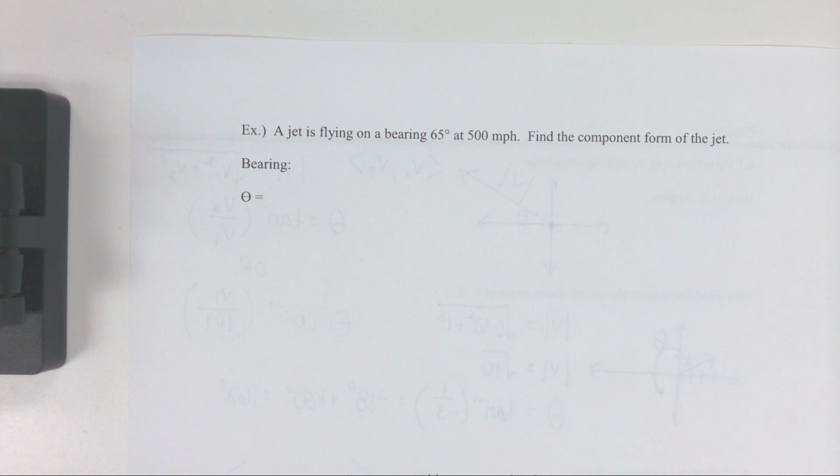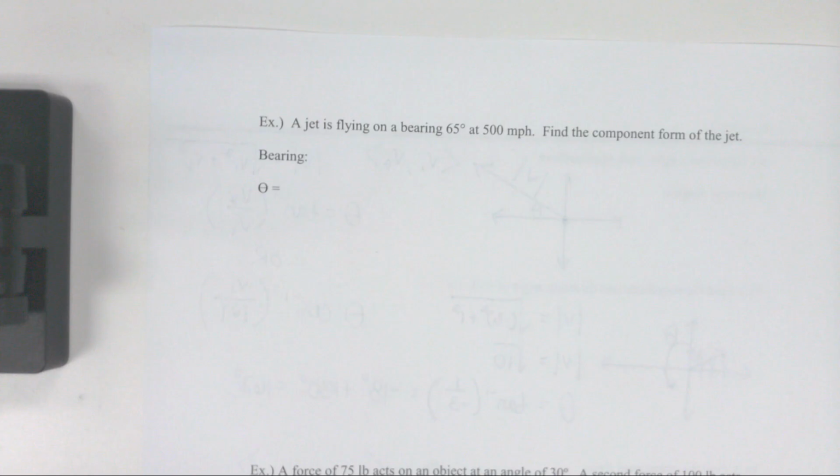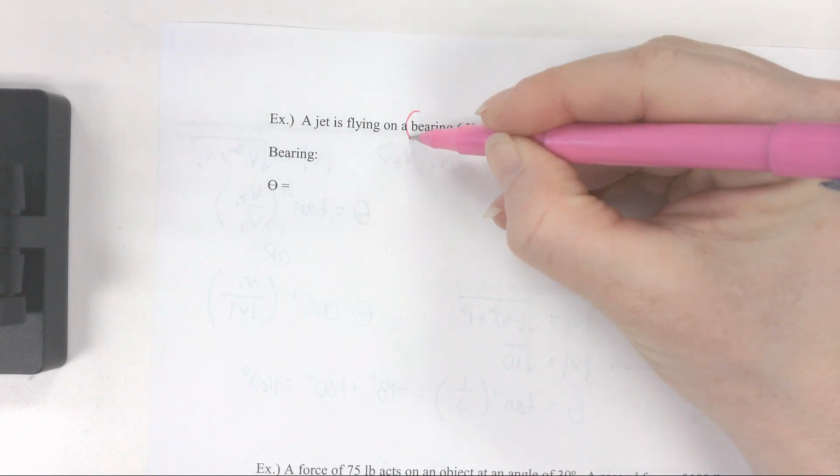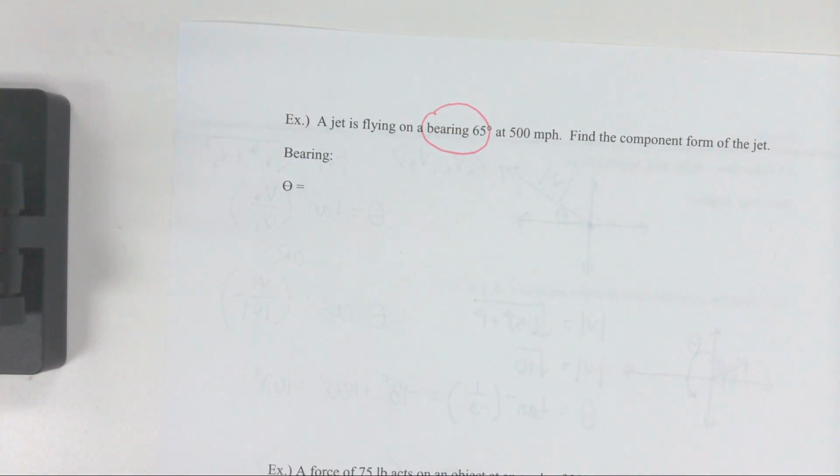Okay. If I tell you that the bearing is 65 degrees today, I'll give you a little hint with bearing. If you want to, you can always do 90 minus the bearing to get an angle for theta.